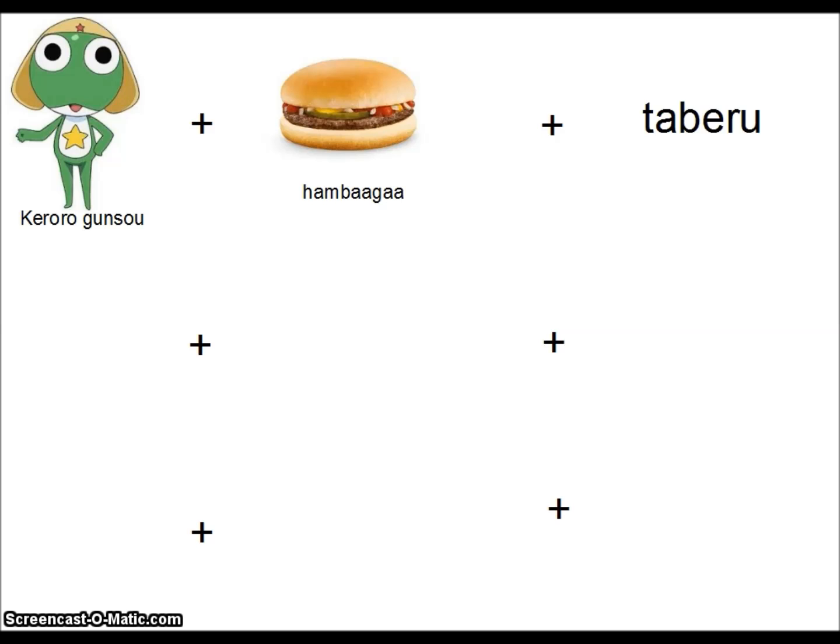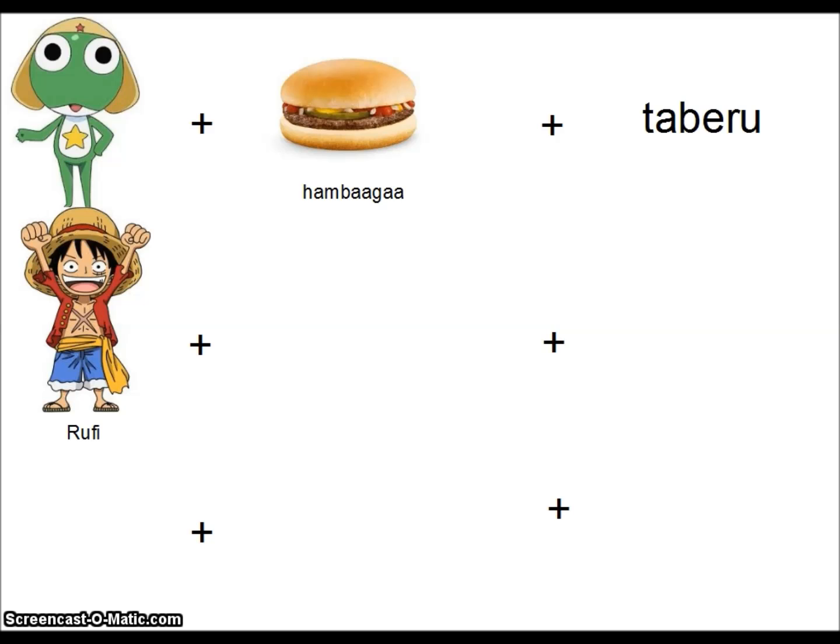Taberu, which as we know is a ru verb. So our ru verbs, you drop the ru, add mas. So what would you do to use these three parts to make a sentence? Keroro wa hamburger o tabemasu. Drop the ru, add mas.